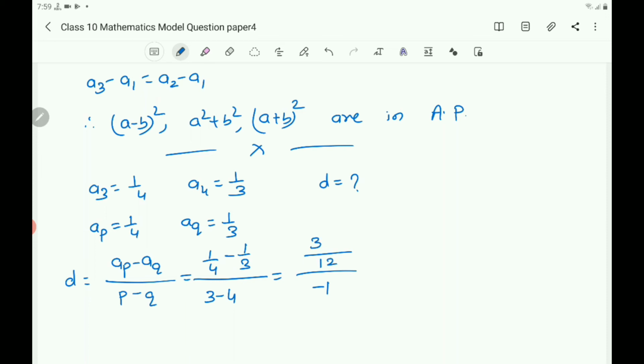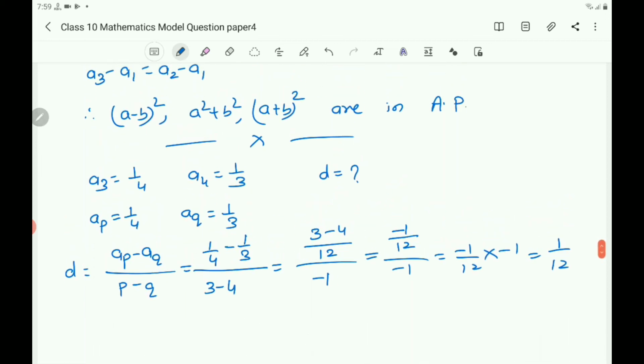Again you will get minus 1 by 12 by minus 1. That is nothing but minus 1 by 12 into minus 1. You got 1 by 12.